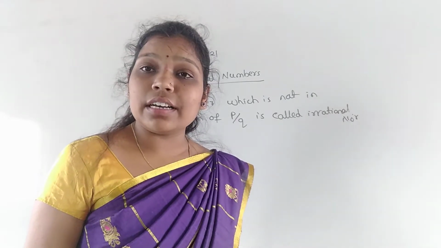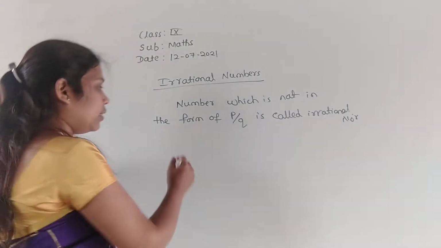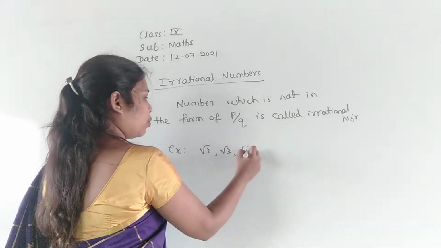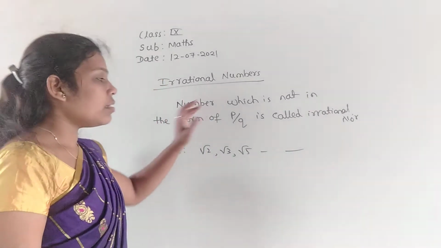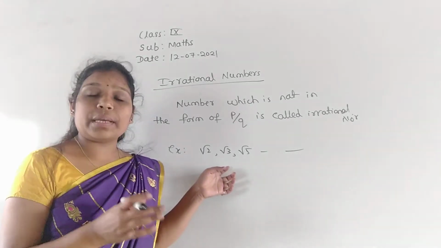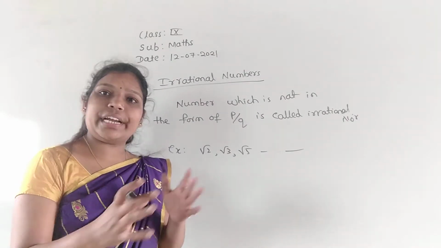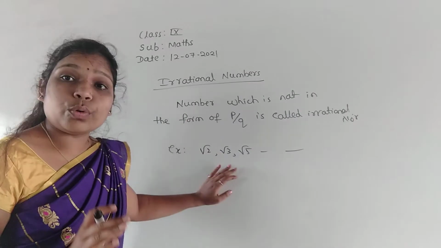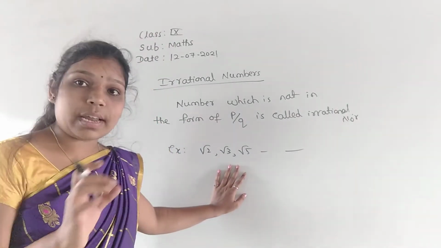And now we have to locate root 2 on a number line. See here, the examples are root 2, root 3 and root 5 and so on. These are the irrational numbers, and you already know how to represent a rational number on a number line.